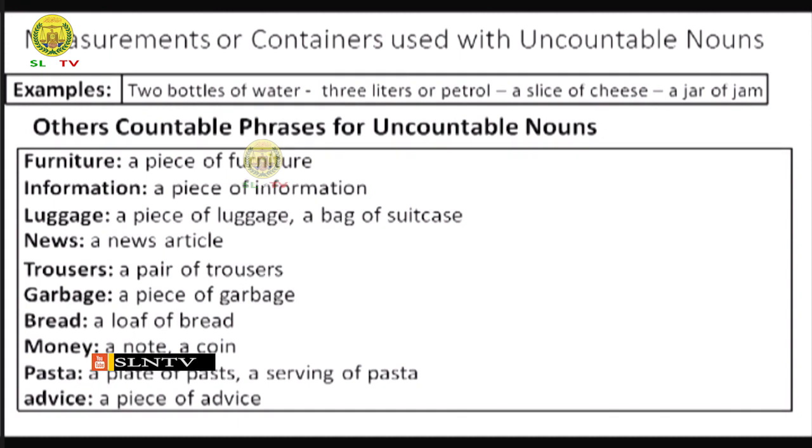For example, 2 bottles, you can say 2 bottles of water. As we said before, water is uncountable, but if we say 2 bottles of water, then bottles can be plural. Another example, 3 liters of petrol.